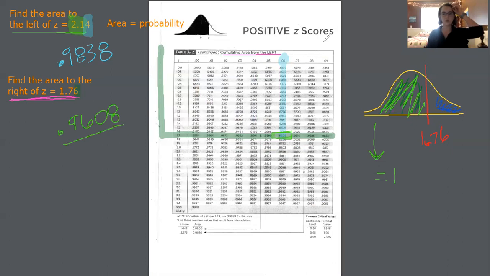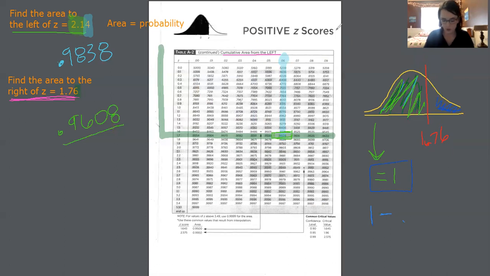So what final step do we have to do to find the blue? We take into account that the area has to equal 1. So we take 1, which is the whole area, and subtract this area that we don't want.